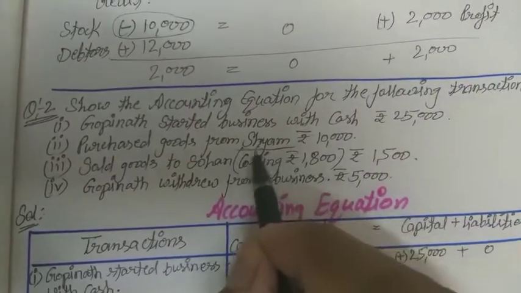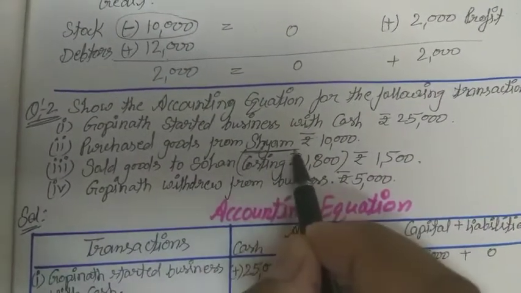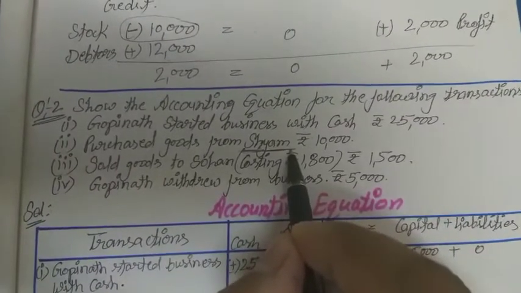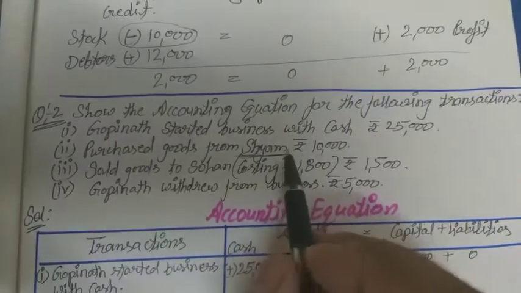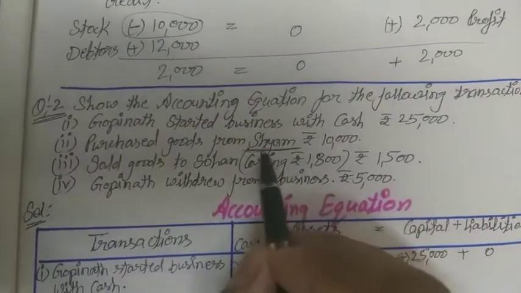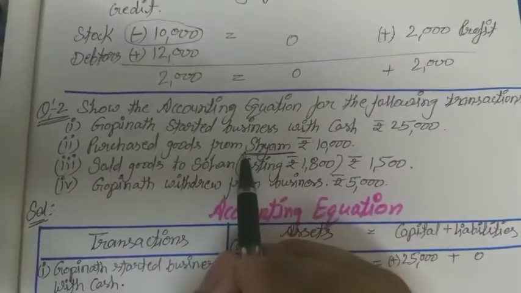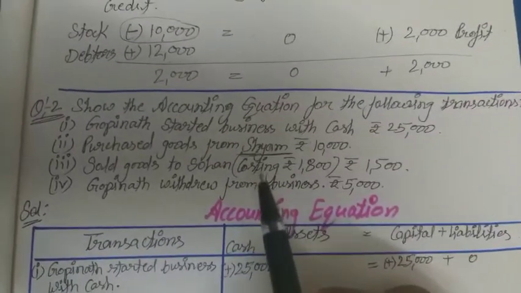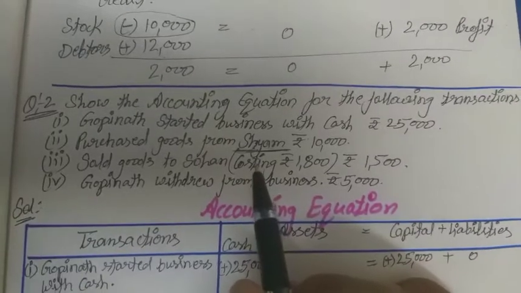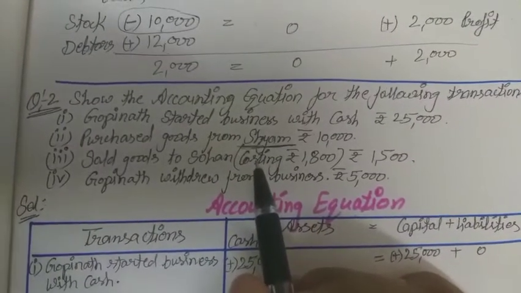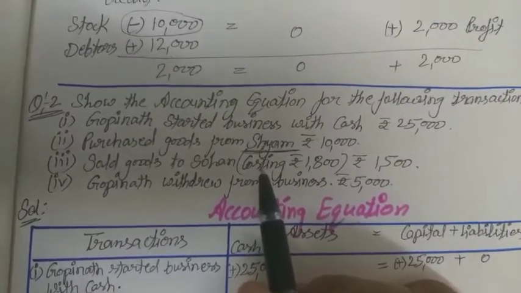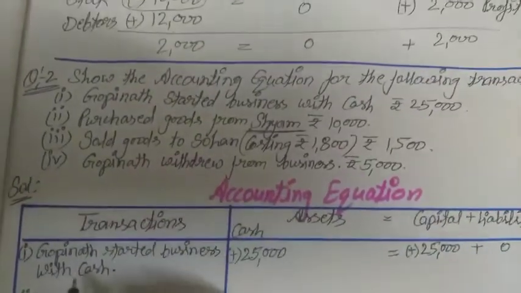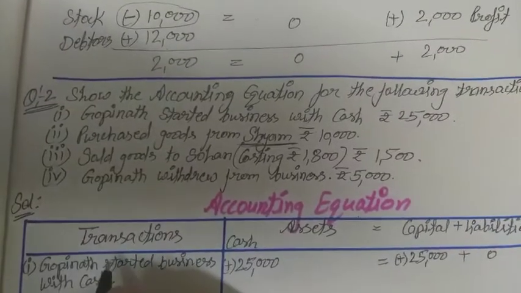If only the name is there in any transaction, that transaction is counted as a credit transaction. Okay. If only the name of the businessman from whom we are purchasing or to whom we are selling the goods is given in a particular transaction, that transaction will count as a credit transaction, not cash.